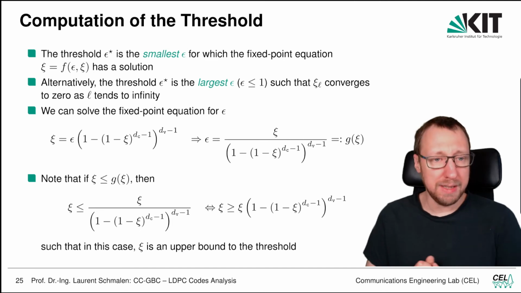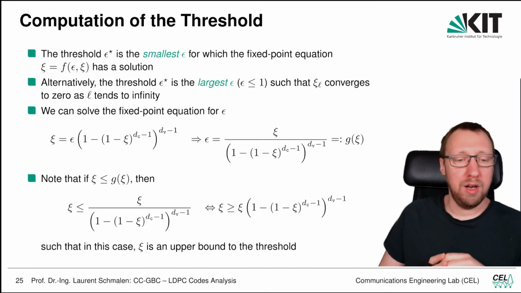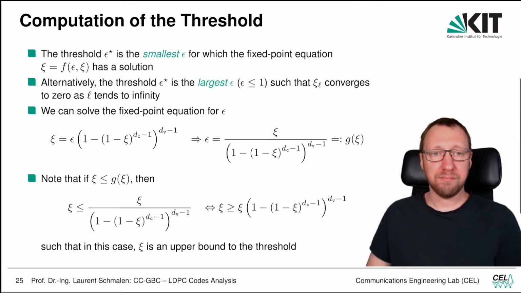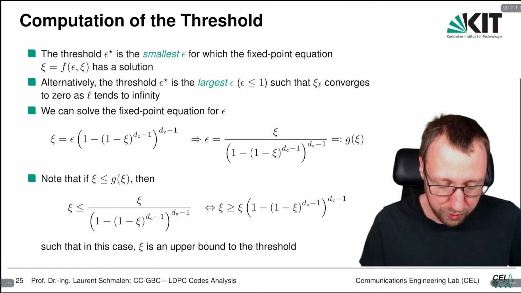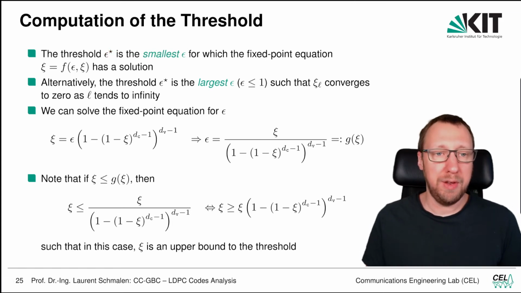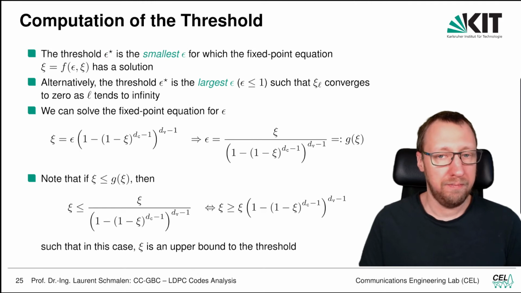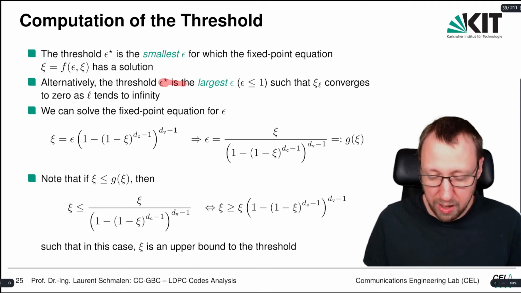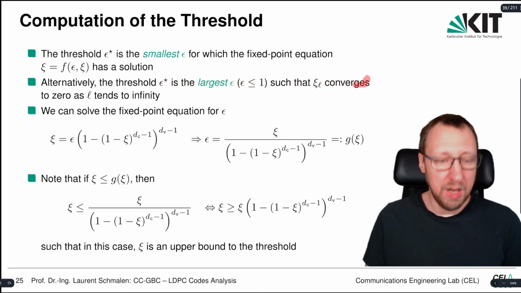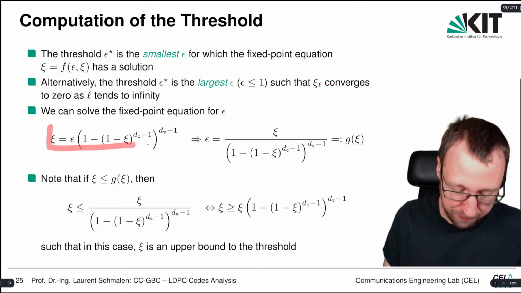So how can we do this? Let's take a look at the update equations a little bit. So we know that this threshold epsilon star is the smallest epsilon for which the fixed point equation has a solution, or the largest epsilon such that CL converges to 0. So we start with this fixed point equation.